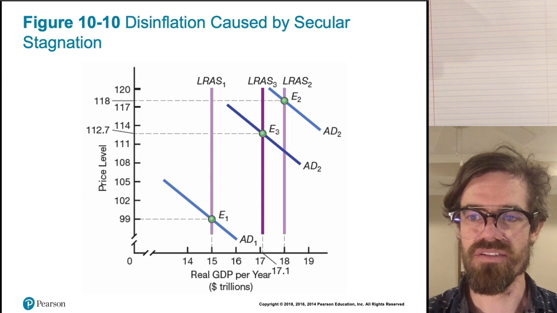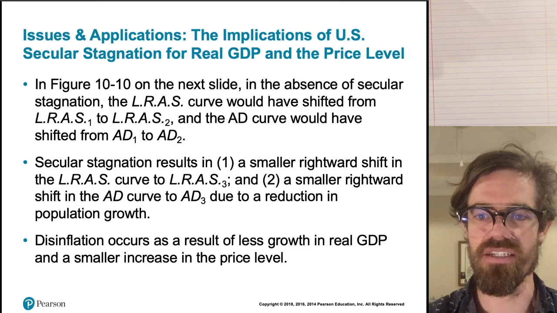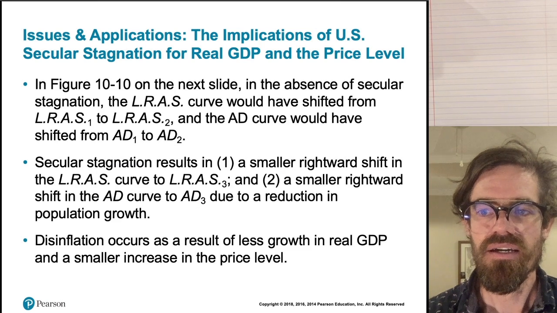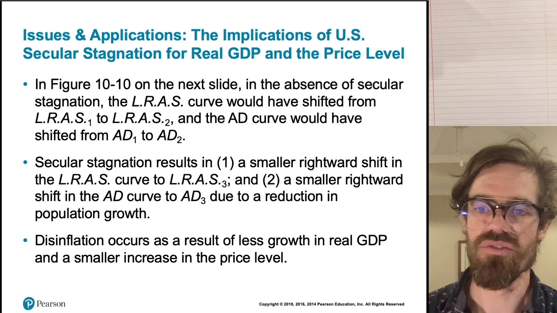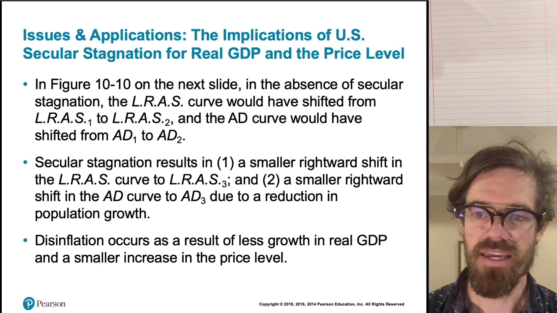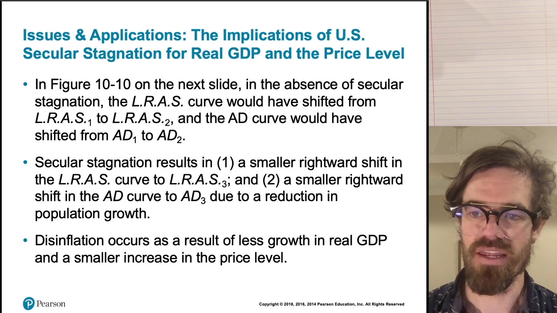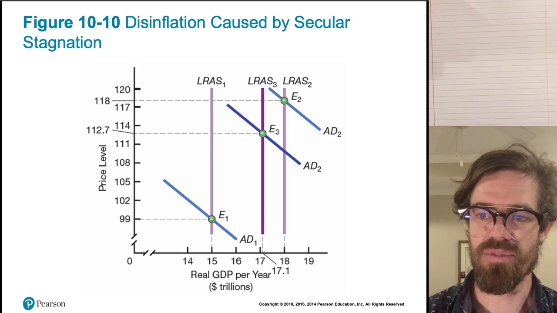Right, so this is going from 1 to 2 is what we would have seen. But secular stagnation resulted in a smaller rightward shift, so shifting to long-run aggregate supply 3 and aggregate demand 3 rather than 2. And so what are the results of that in terms of real GDP and the price level?